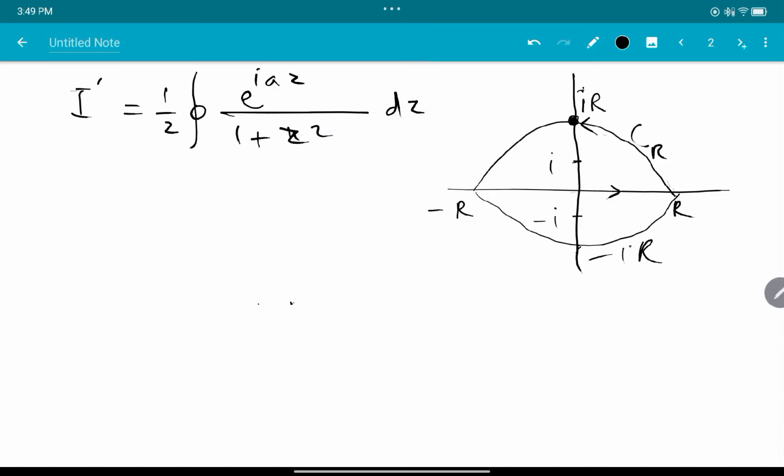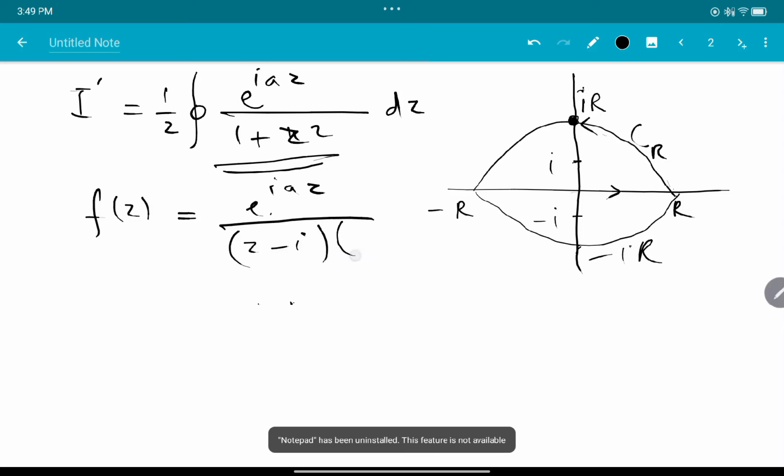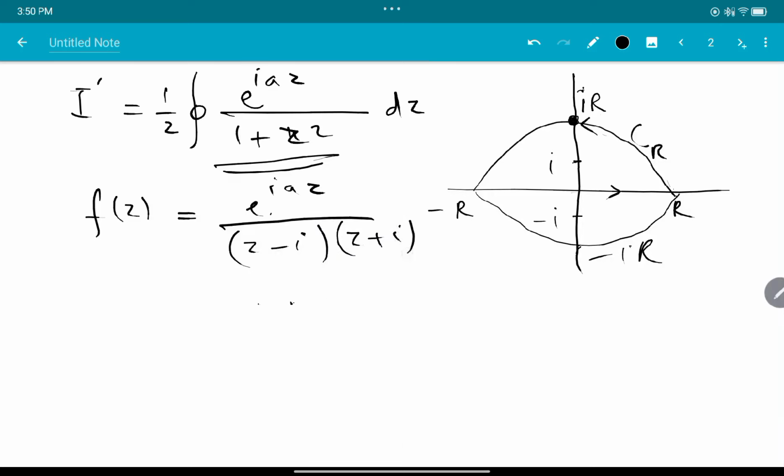Now first of all, let me find the residue of this. We have f(z) equal to e raised to i az divided by 1 plus z square. In that place, I can write 1 plus z square as z minus i into z plus i. We have done all this in our previous question, and I will rely upon that.